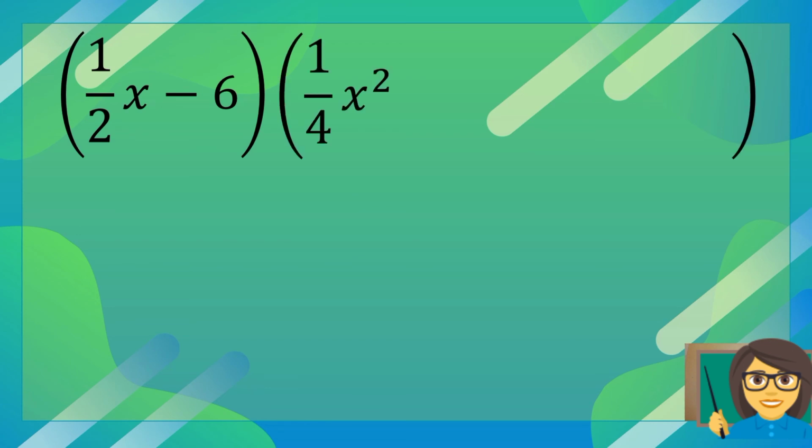For our last example, we have 1/2 of x minus 6 multiplied to the quantity of 1/4 x squared, which is the square of 1/2 of x, plus 3x, that is the opposite of the product of 1/2 of x and negative 6, plus 36, that is the square of negative 6.